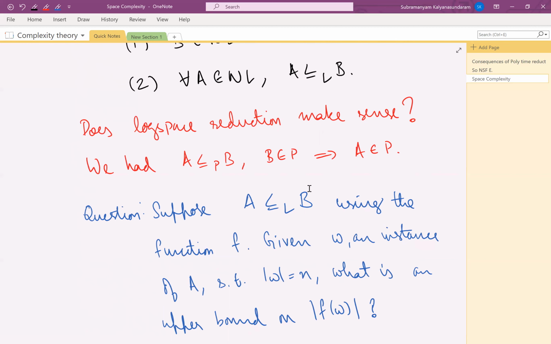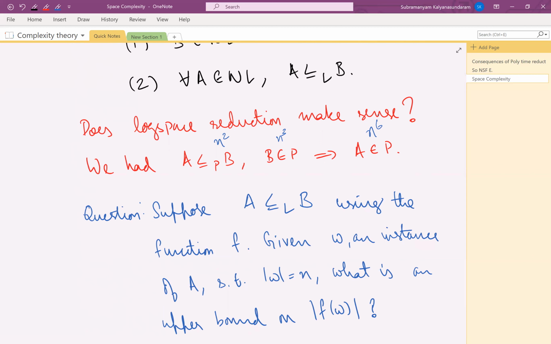So let's say this reduction took n squared time, and B is in P, say n cubed time. This means that the output of the reduction could be of length n squared, and this is an n cubed algorithm. So totally this may take (n squared) whole cubed, or something like n to the power 6 time, because it's a composition of these functions. So n to the power 6 is still polynomial, so it was fine in the case of polynomial time reduction.